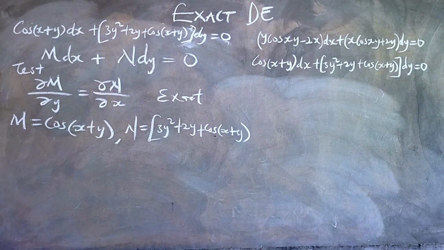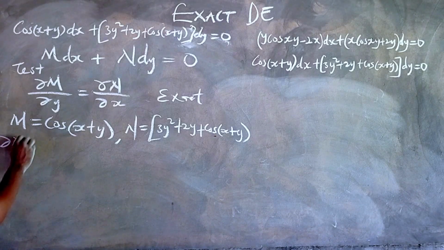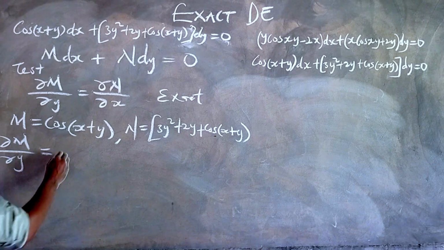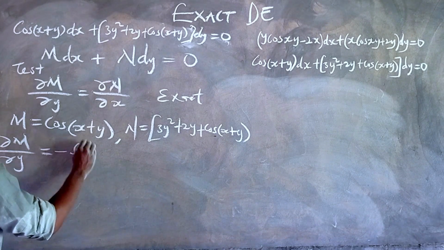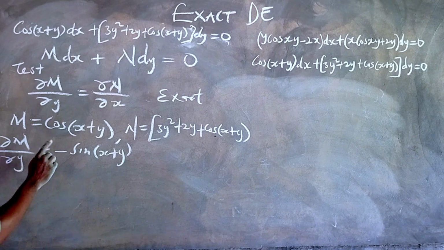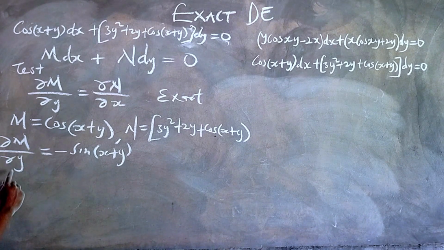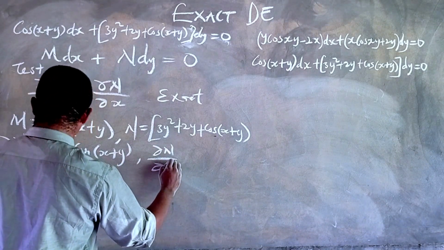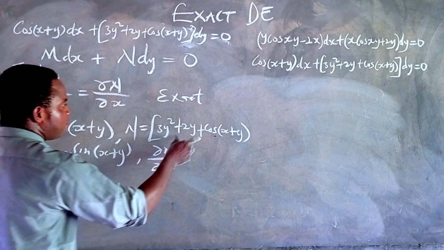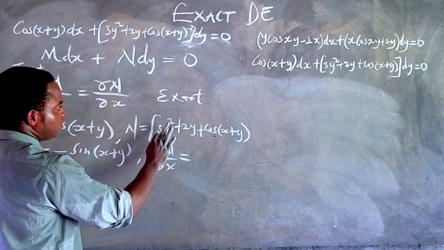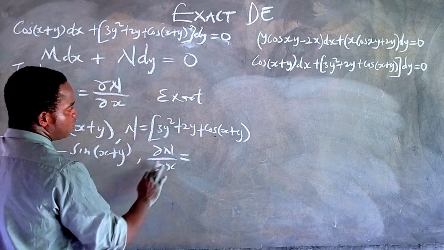Now let's find the partial derivative of M with respect to y. What's the partial derivative of cos(x+y) with respect to y? That will be negative sin(x+y). And what is the partial derivative of N with respect to x? Mind you, look in here, 3y squared is a constant because it does not have x in it, 2y as well.